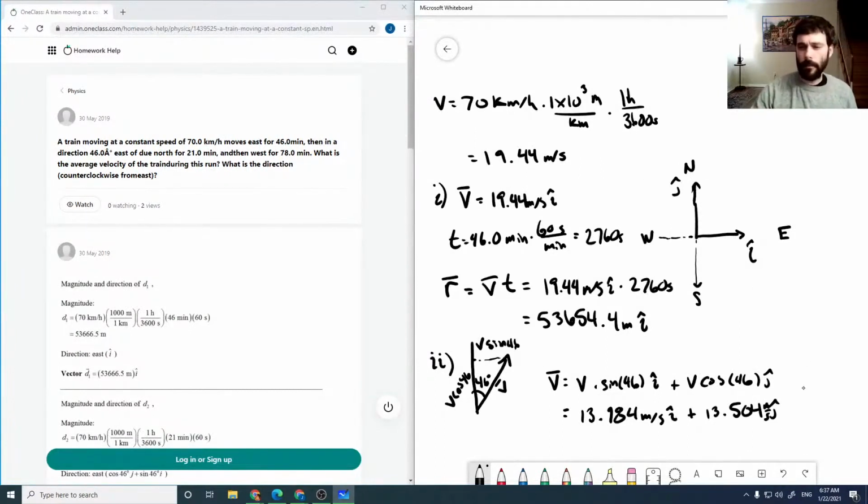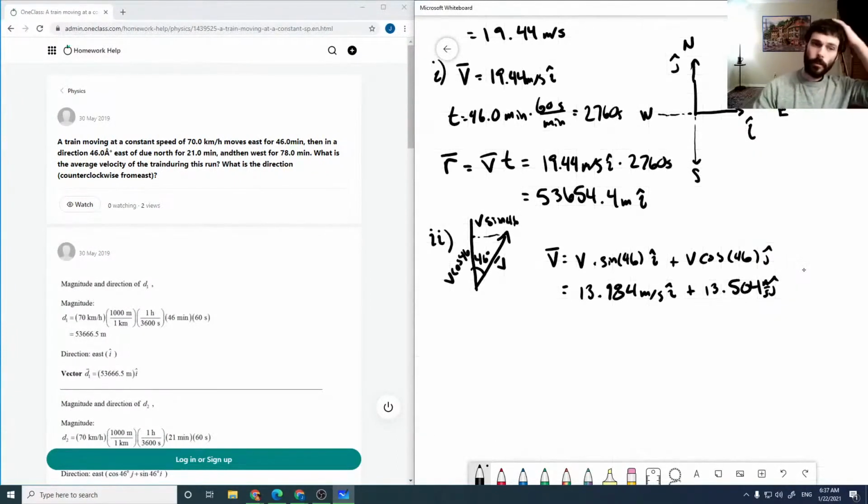Now the time I'm given for this second section is 21 minutes. Converting it to seconds is 1260.